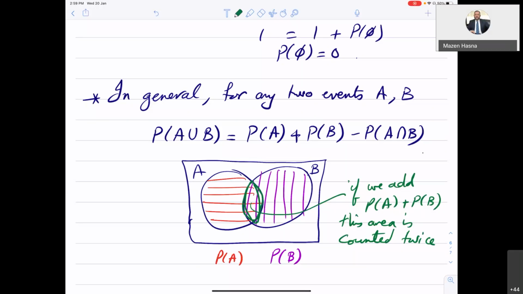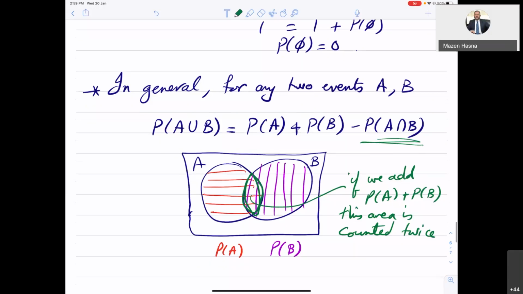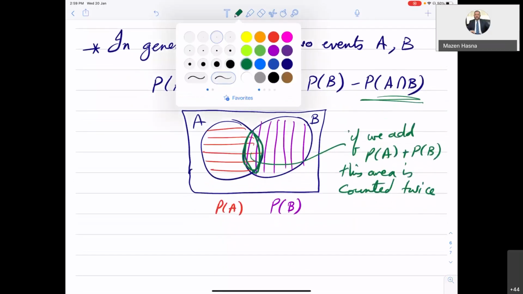Then we subtract it so that it's added only one time. Okay, so I will stop at this point.